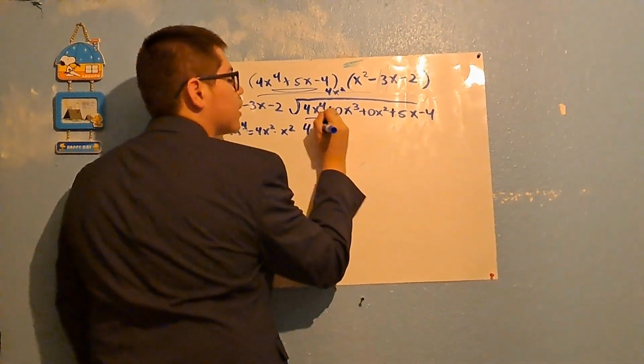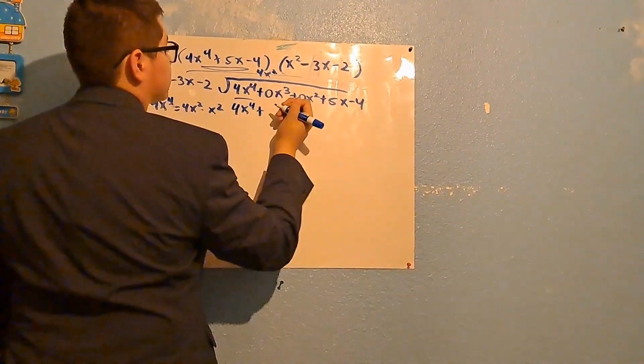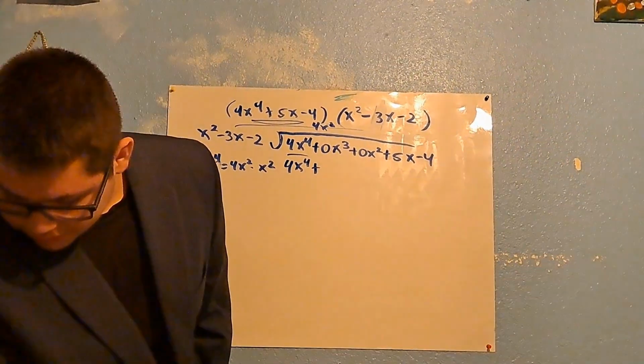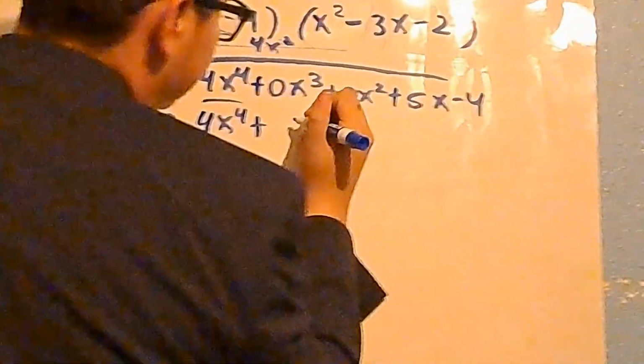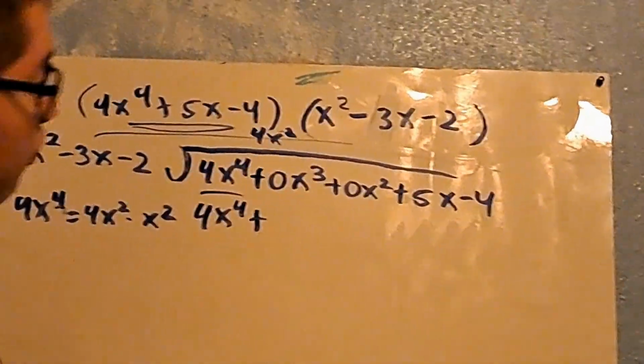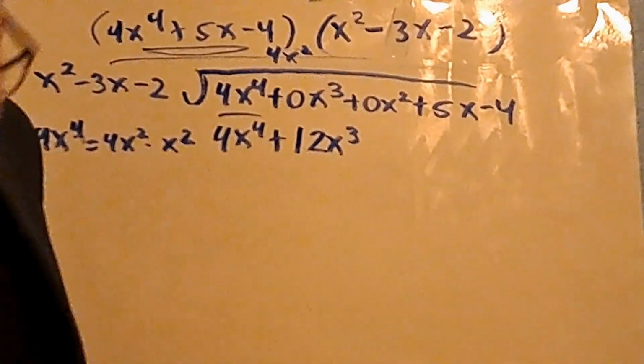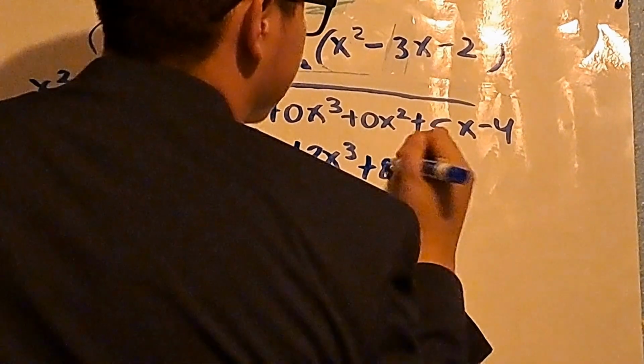And we would get 4x^4 plus 0x cubed, 12x cubed, plus 8x squared.